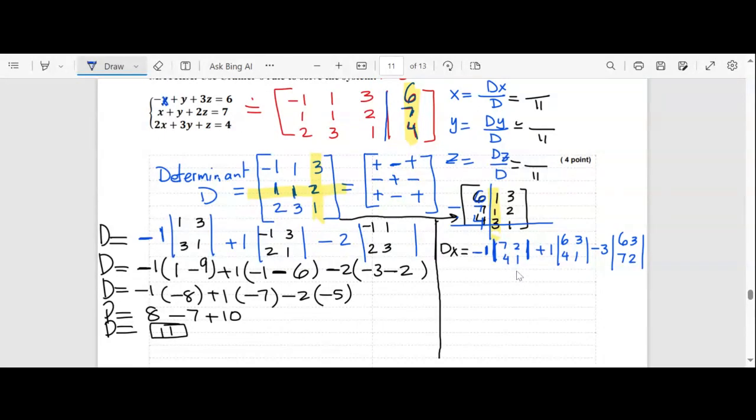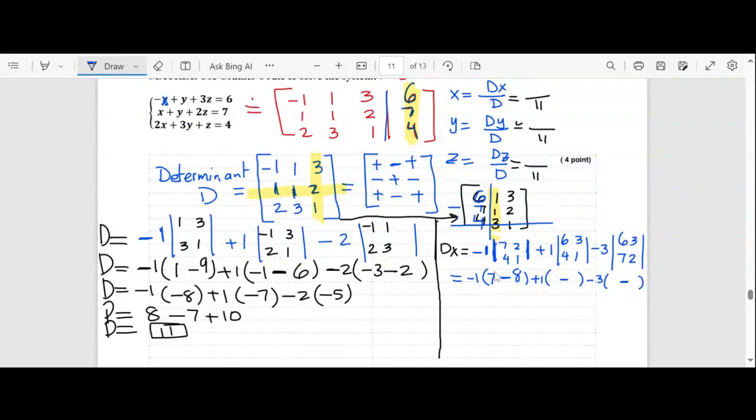Okay? So once again, you're gonna say -1, open, +1, open and close, -3, open and close. Between them, there is a minus. 7 times 1, 7. 4 times 2, 8. Yes?